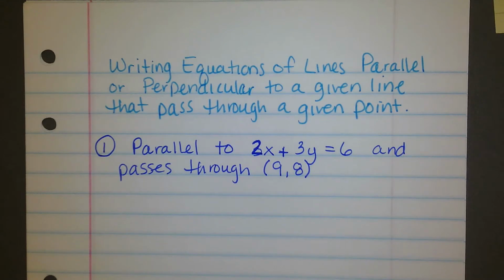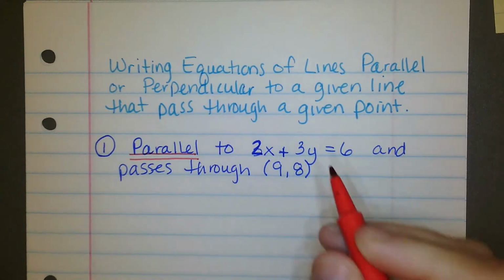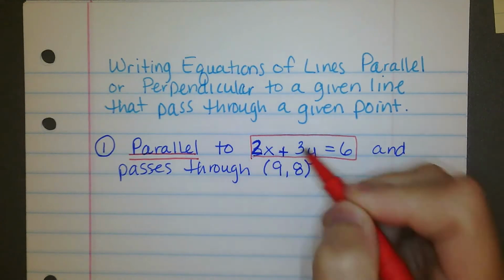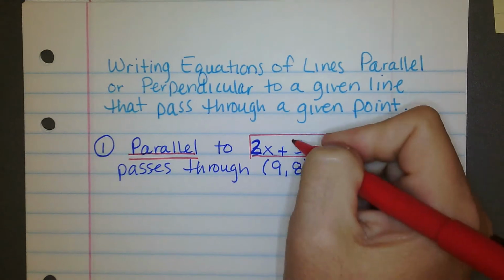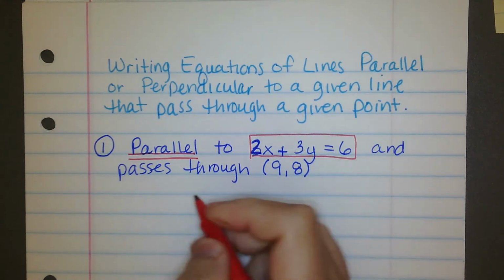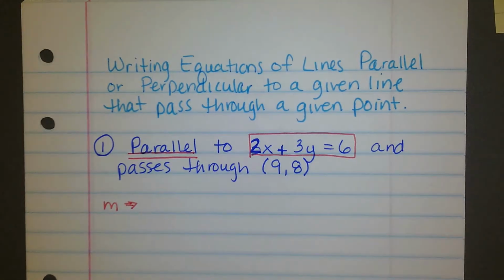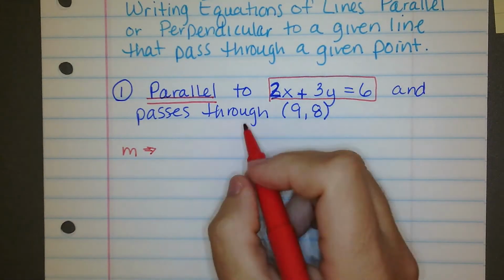So the first thing you need to really notice is the word parallel. Parallel indicates that we need to get our equation that they give us into y equals mx plus b form and extract the slope. So down here, the first thing I need to do is extract the slope. And in order to do that, I need the m, or slope-intercept form.